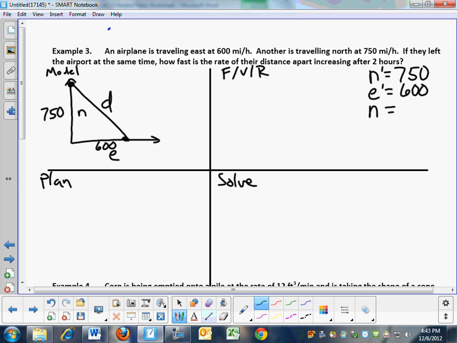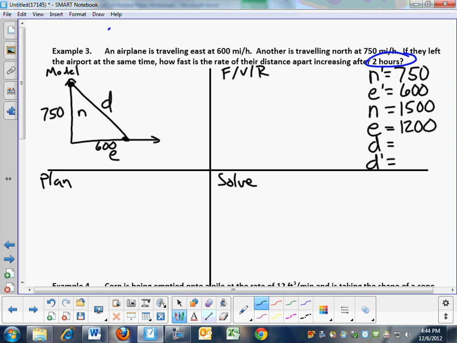We also know n. If they've been traveling for 2 hours at a rate of 750, then the distance must be 1500. If they've been traveling for 2 hours at a rate of 600, then the east distance must be 1200. And we're solving for d prime.